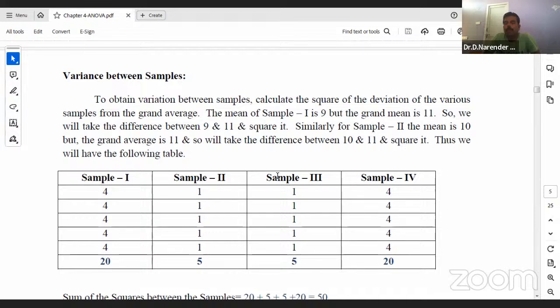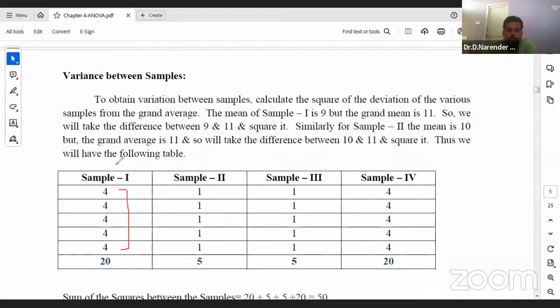So 9 minus 11 is 2, and simply square it. 2 square is 4, five times. We write it 5 times because in sample 1, 5 samples are there.